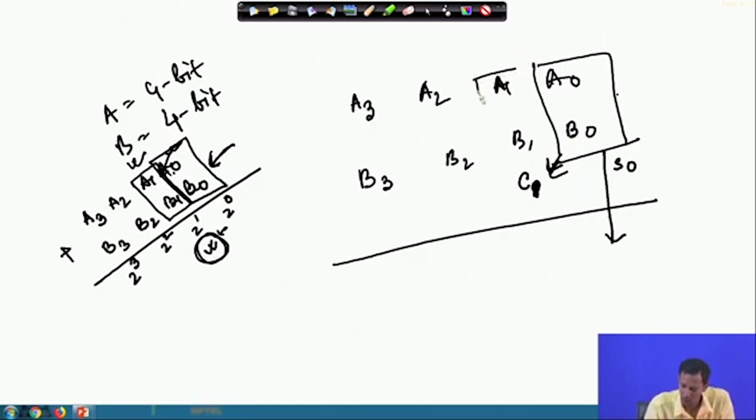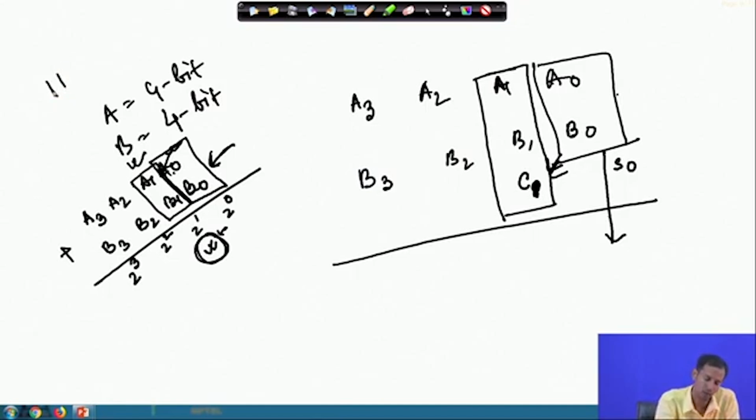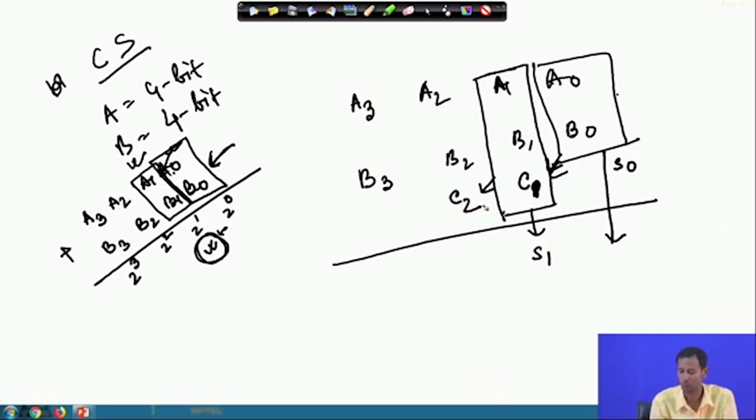Now I can add these particular things, and again I will get 1 and 1, that means carry and sum. So, from this particular block this will be S1 and this will produce the carry C2.